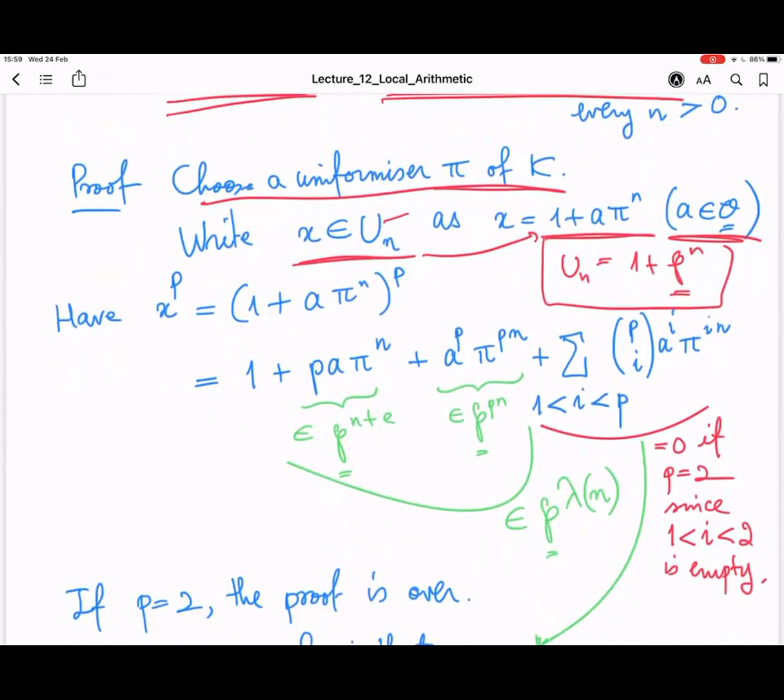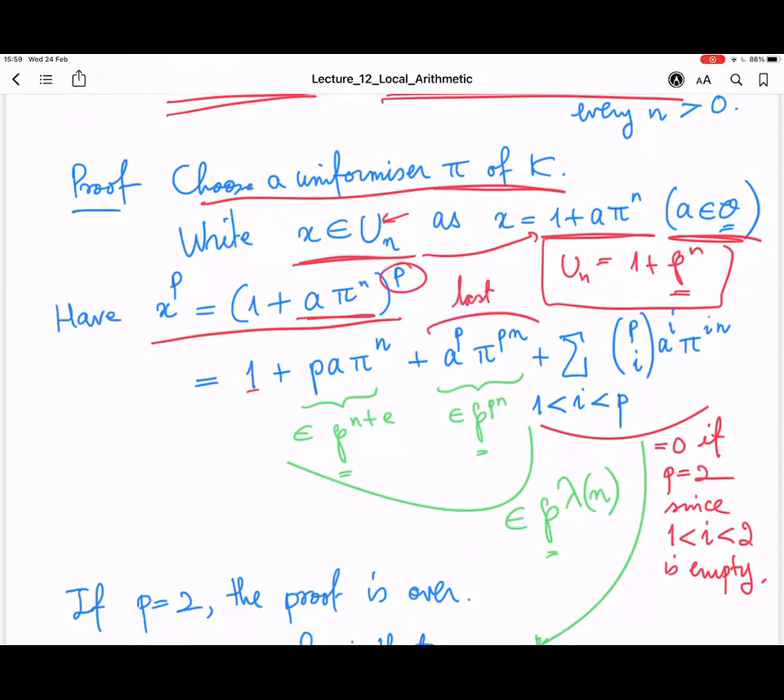So if I take some x in U_n, x to the power p is going to be this. Now let's expand this. By the binomial theorem, you're going to get 1 plus p times this thing here, a π to the n. And this is the last term.